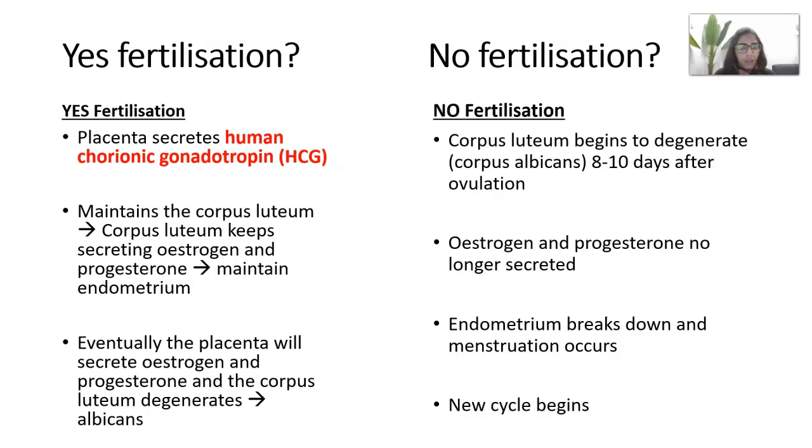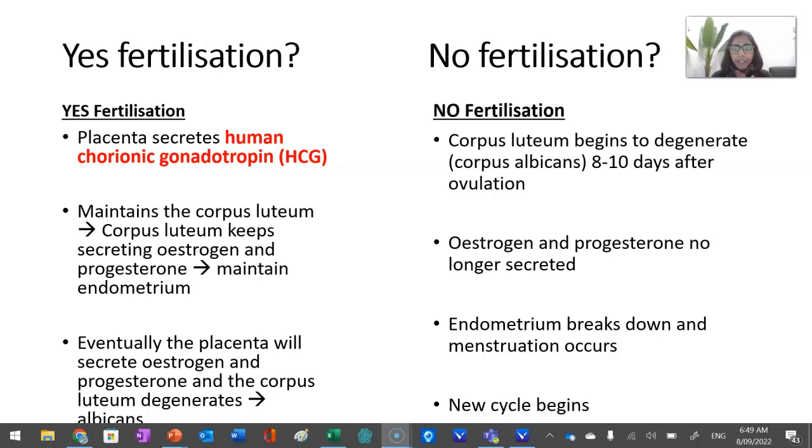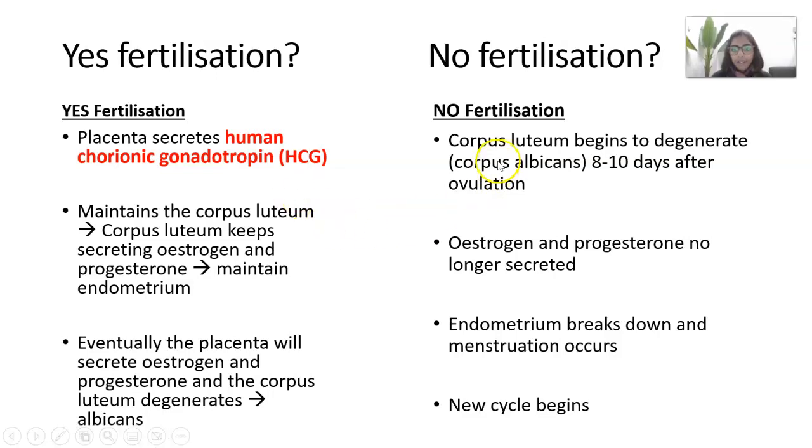So just to summarize what happens. If we don't have fertilization, so we'll look at the right hand side first. If there is no fertilization, the corpus luteum, which is formed at the start of day 15-16, will degenerate to become the corpus albicans. And that happens by about 8 to 10 days after ovulation.